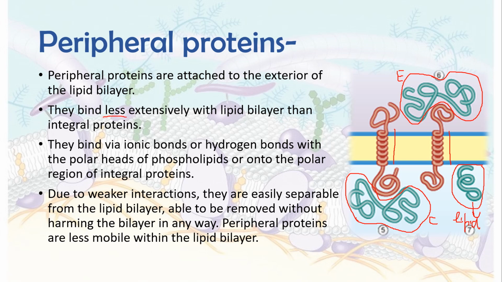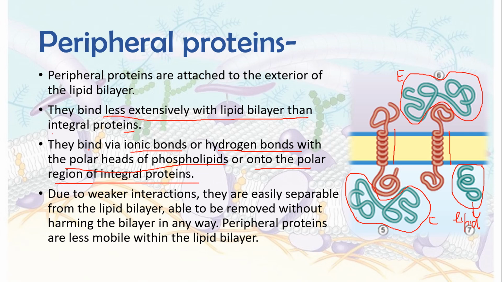They bind less extensively with the lipid bilayer than integral proteins. They bind via ionic bonds or hydrogen bonds with the polar heads of phospholipids or onto the polar region of integral proteins.